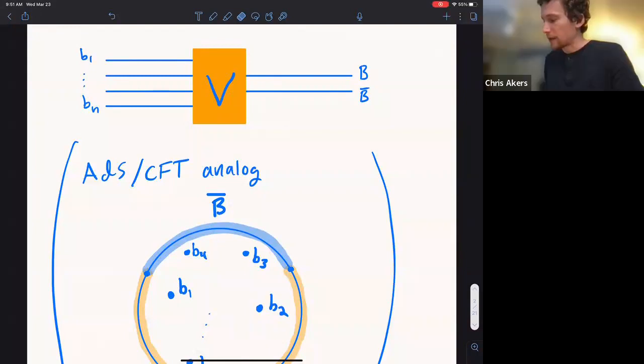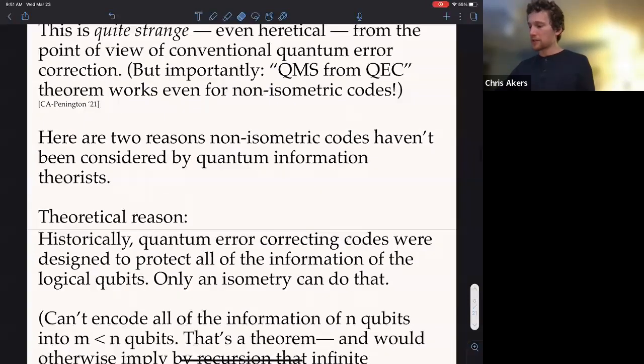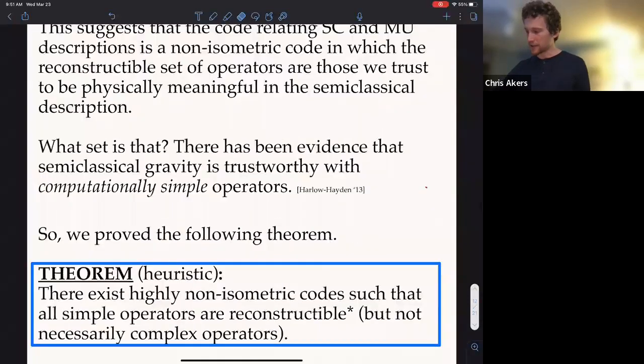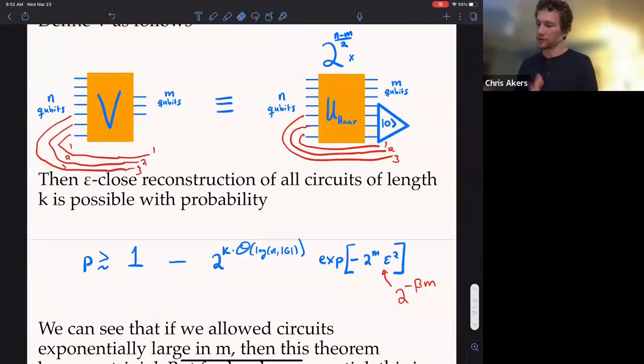Yeah. So these V's that we found, right, that basically act as a Haar random unitary and then post-select, they take in this state that looks like the semiclassical state, right? Like it has a bunch of entanglement between the inside and the outside.